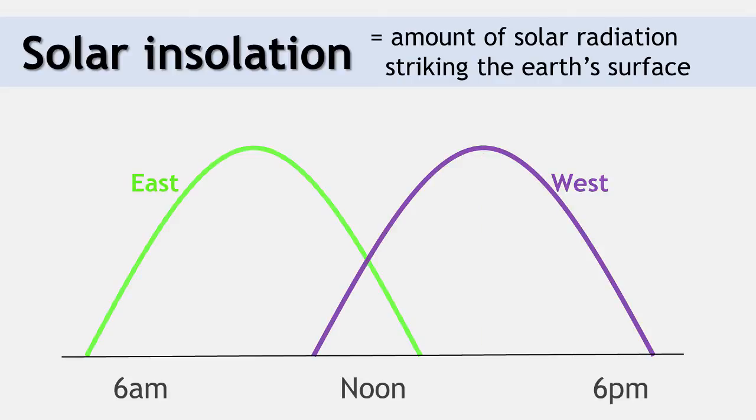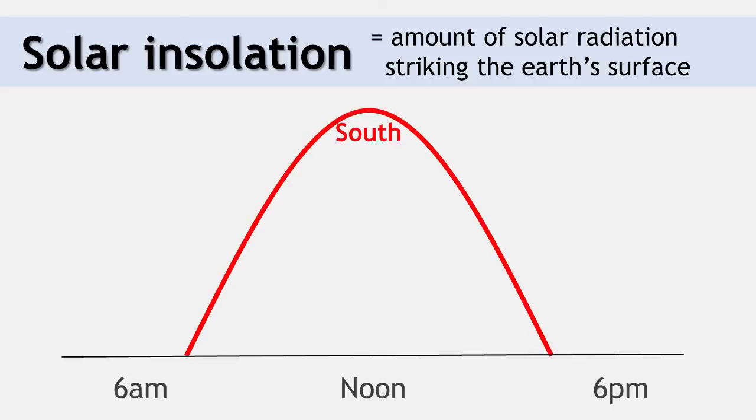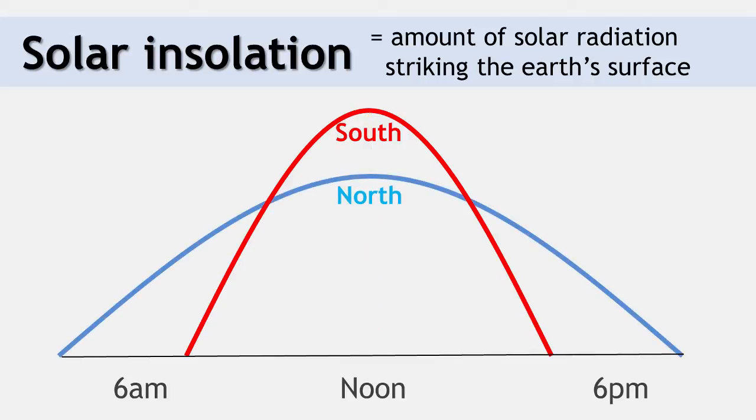The solar insolation on a south-facing slope is most intense during the middle of the day, as represented by the red curve. The blue curve represents a slope with a north-facing aspect. Its solar insolation is spread out over the day and less intense than a south-facing slope. Although solar insolation is not as intense for north-facing slopes, the amount of light received is relatively higher across the length of the day.